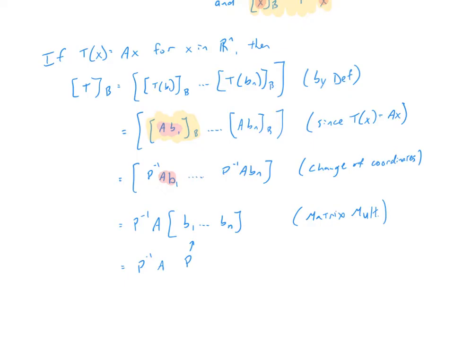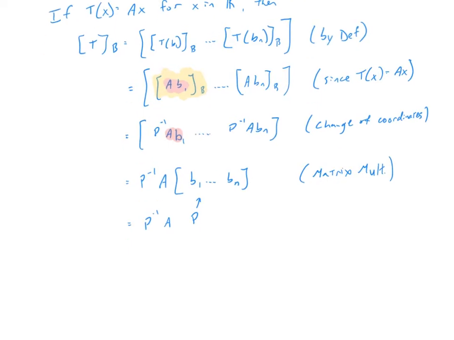Okay, and then our final line of the proof, where we draw our conclusion: since A is equal to PDP inverse, the matrix for this transformation is P inverse AP, which is equal to D, right?